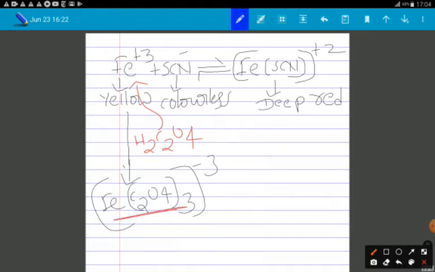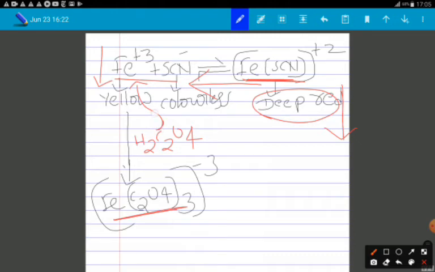So in the reactant side, the Fe3+ ion concentration decreases. Once the reactant concentration decreases, the backward reaction is favored. Backward reaction is favored means the complex is going to decompose, and the deep red color intensity decreases.